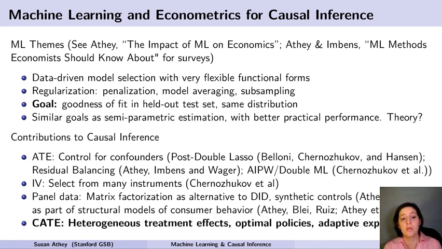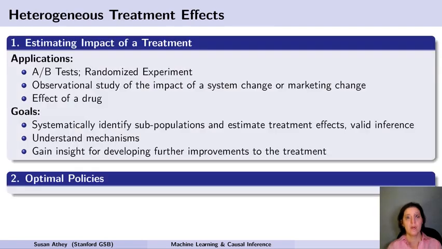In other lectures, we'll talk about panel data models, say matrix factorization as an alternative to differences and so on. But in this lecture, we're going to talk about heterogeneous treatment effects, and that will lay the foundation for later applications in estimating optimal policies or even doing adaptive experiments to try to estimate optimal treatment assignment policies.